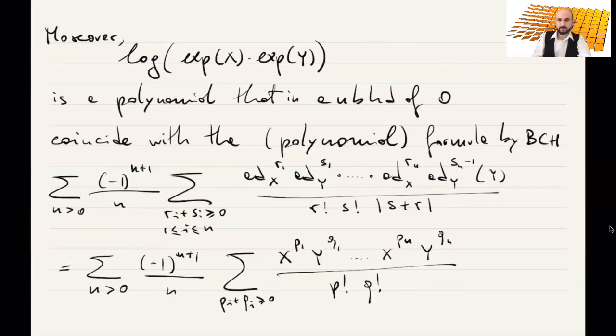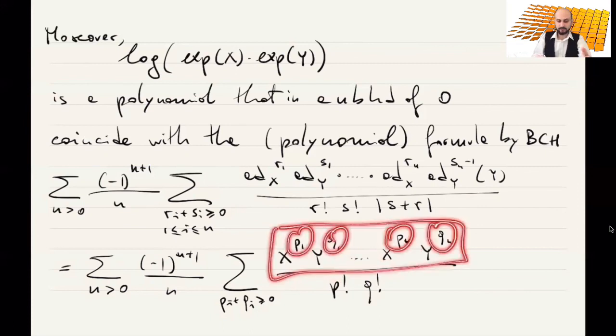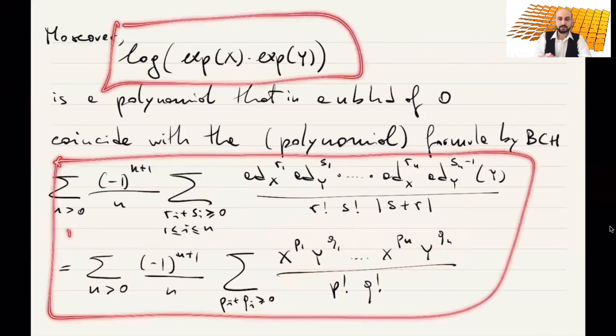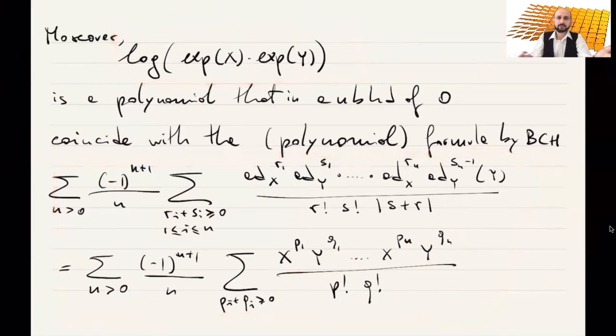When the sum of these indices is greater than s, this formula is 0. So this polynomial coincides with this other polynomial in a neighborhood of 0. This is what the Baker-Campbell-Hausdorff formula says for arbitrary Lie groups. But now these are polynomials, and therefore they are equal everywhere. And this concludes the proof of the theorem.